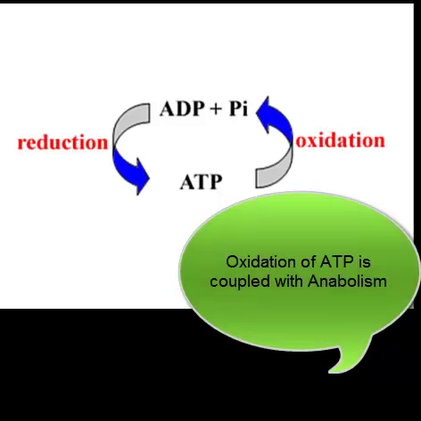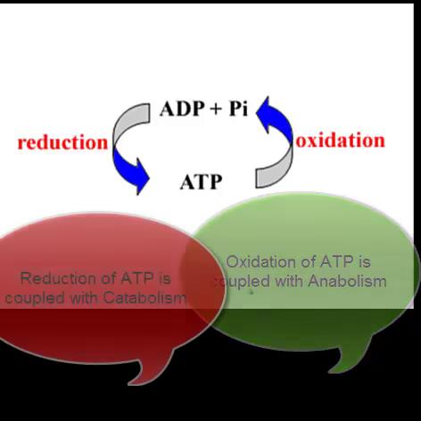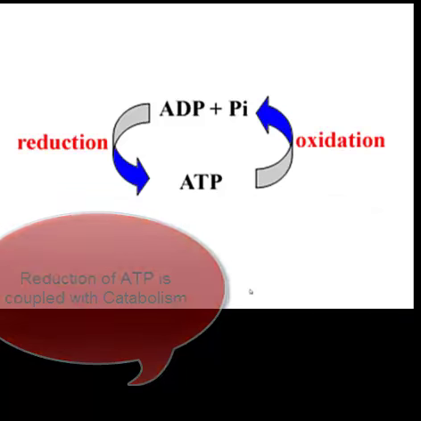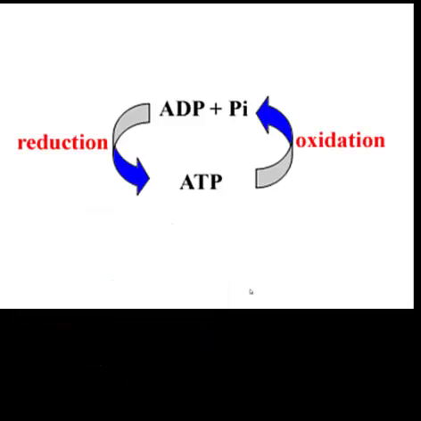It's a coupled reaction that we saw in the energy coupling video. And a kind of coupled reaction that's being demonstrated here is one that's called oxidation and reduction. And cellular respiration is a series of oxidation reduction reactions. We usually call it redox for short.